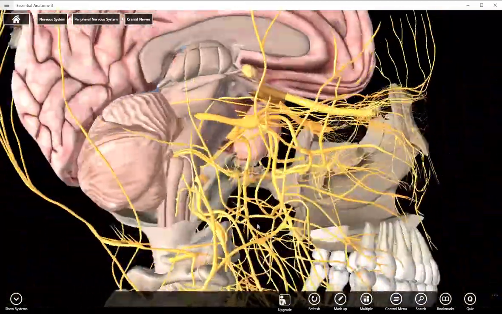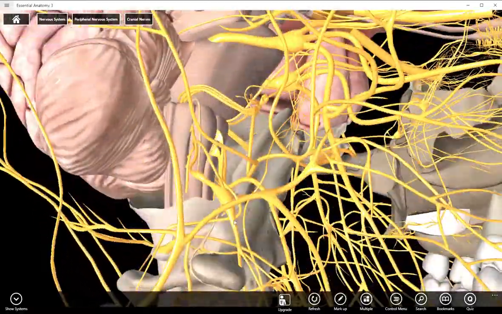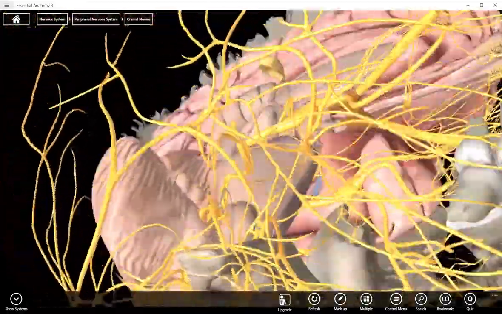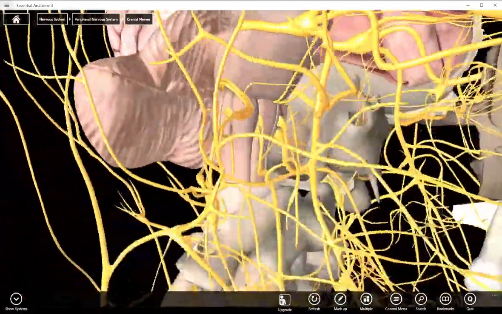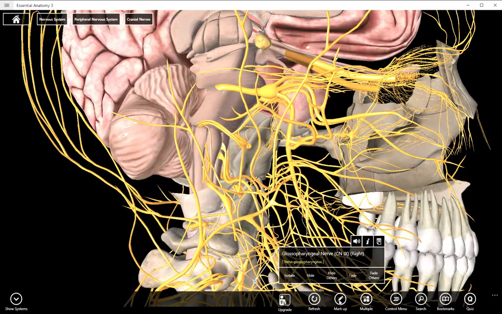You can see the course it takes all the way down to below the first vertebrae. So look at that. So there it is. Let me see if I can draw it.